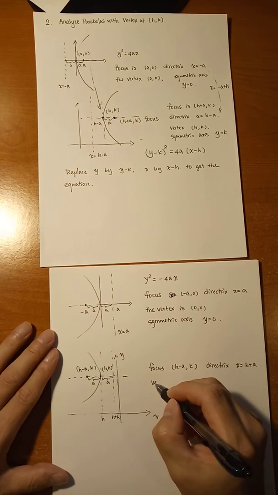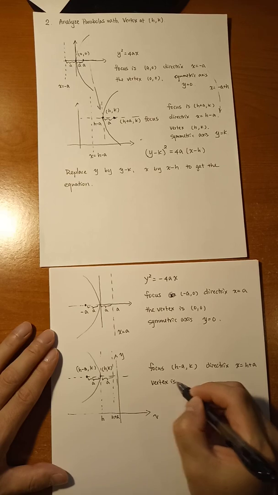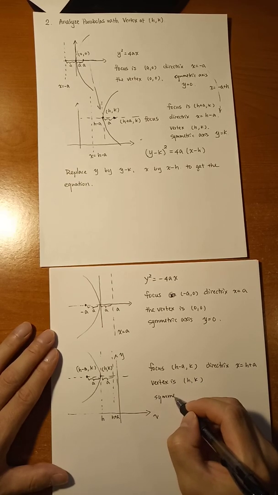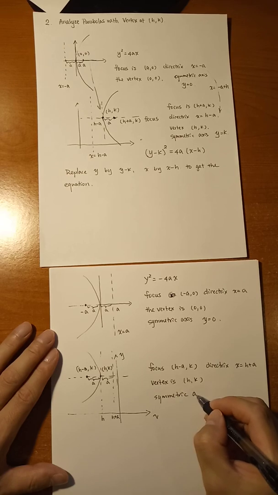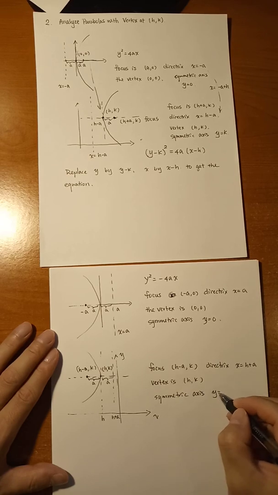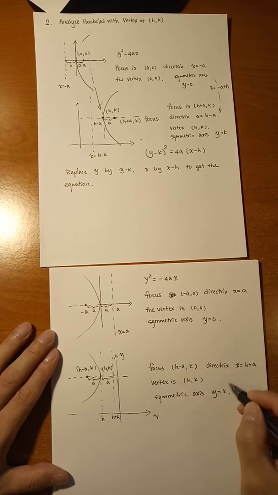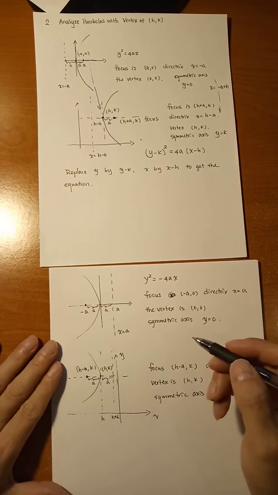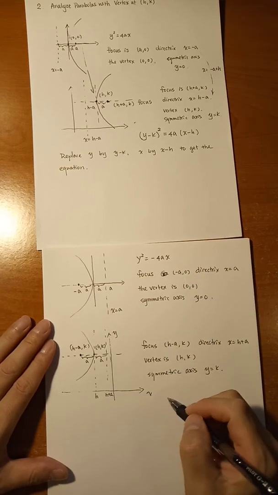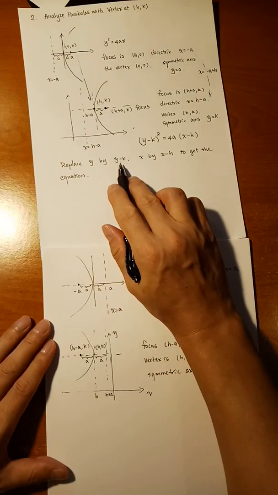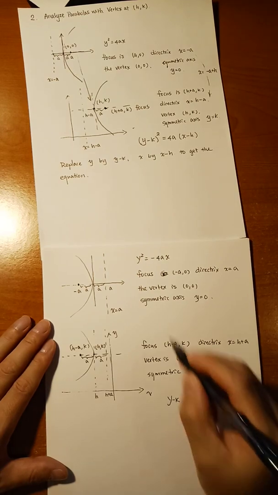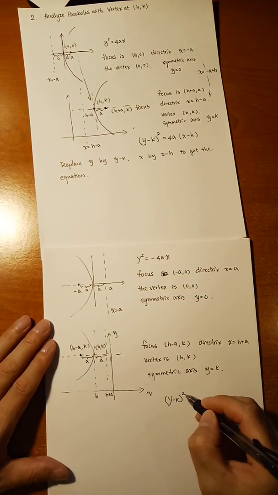And the vertex is (h, k). The symmetric axis, this time is a y. It's related to y. So 0 plus k, the axis is y equal to k. And again, the equation is always the same. You replace y by y minus k. This part, (y minus k) squared.